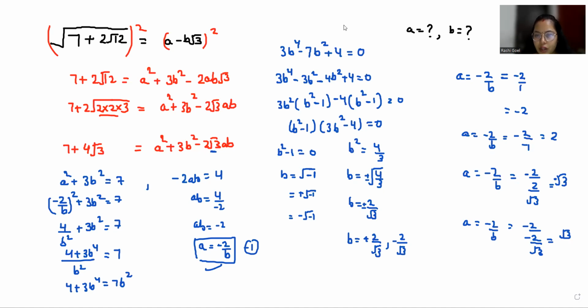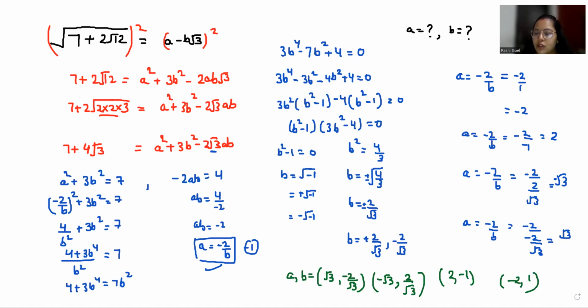So the values of a and b are positive root 3 with negative 2 by root 3, and negative root 3 with positive 2 by root 3, 2 with negative 1 and negative 2 with positive 1. These are the 4 values of a and b.